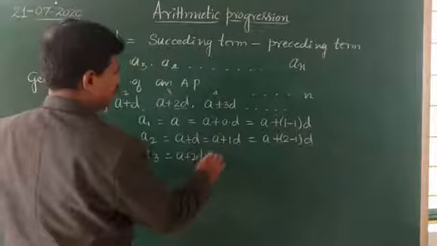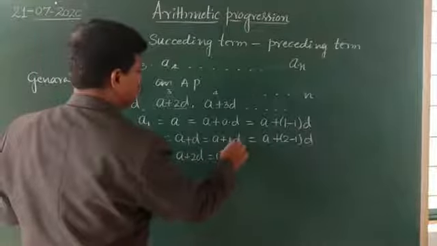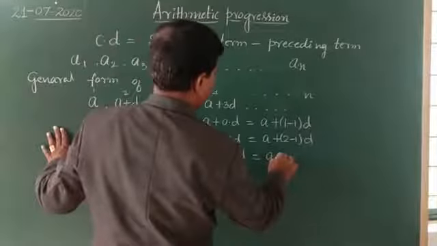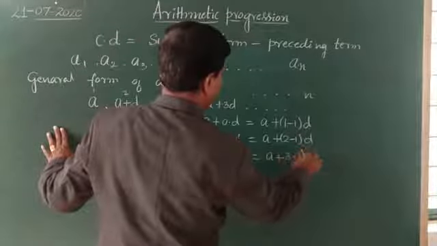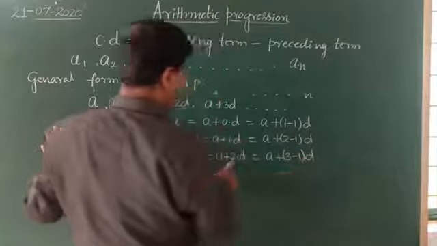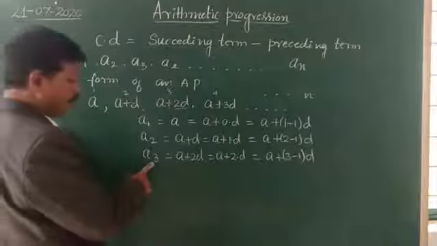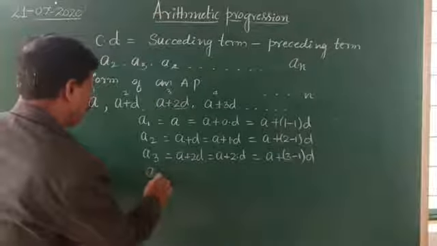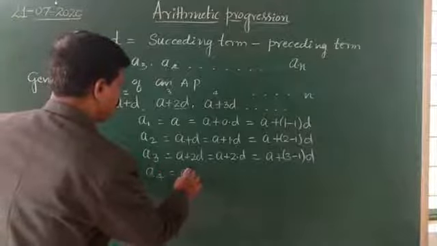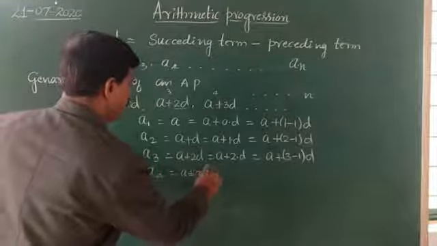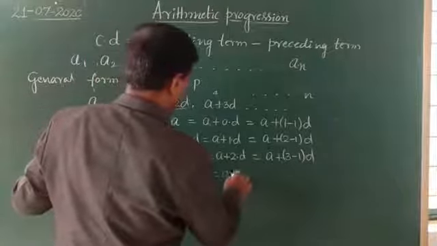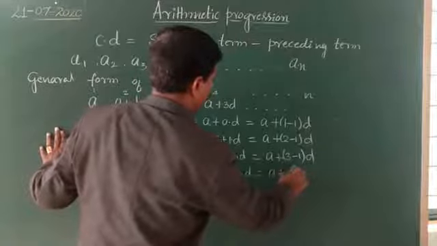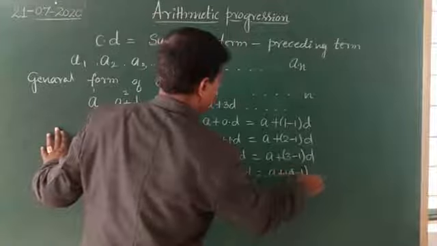That is A plus 2 into D. That is A plus 3 minus 1 into D. In order to get 2, we should subtract 1 from 3. So 3 minus 1 into D. Similarly, A4, what can you write? A plus 3 into D. That is A plus 3D. So A plus 4 minus 1 into D.